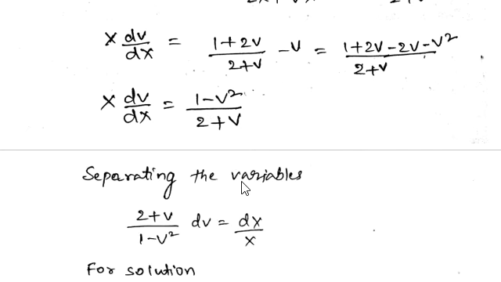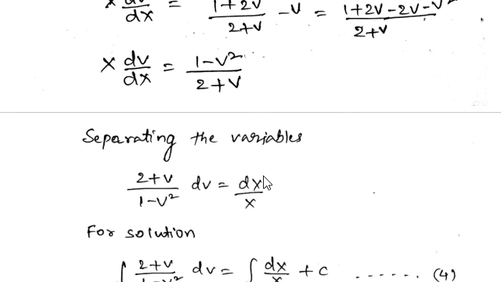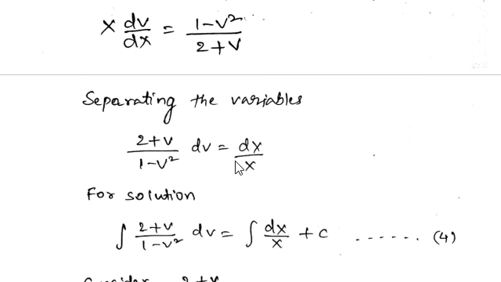Here, separating the variables means writing V terms and its derivatives on one side, and X terms and its derivatives on the other side. So you see here, (2 plus V) by (1 minus V square) dV and dX by X on the right side. For the solution, we integrate on both sides and add an arbitrary constant to one side. So here we are adding the arbitrary constant to the right side.